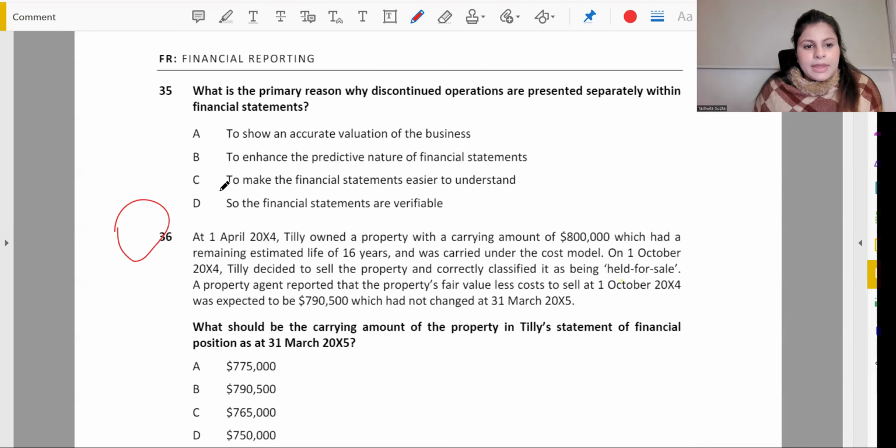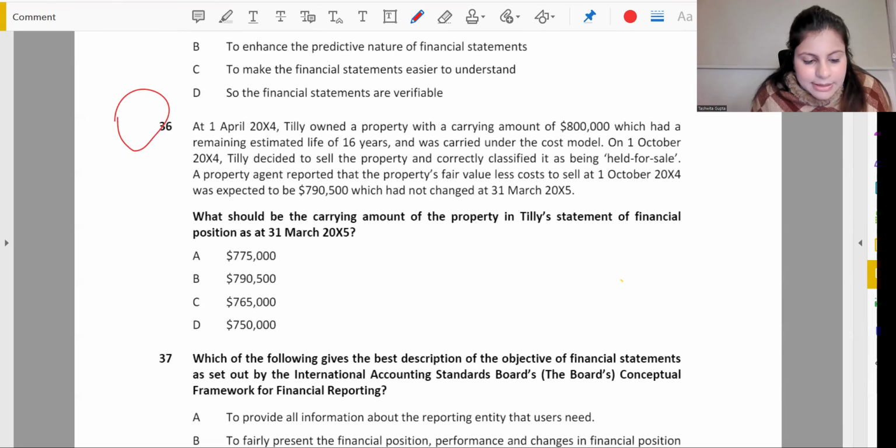Question number 36. What should be the carrying amount of the property in Tilly's statement of financial position?